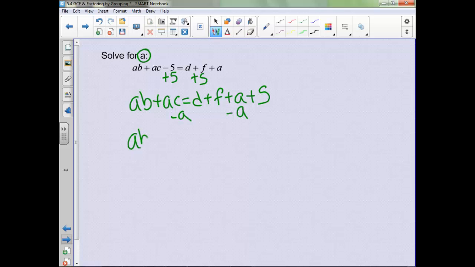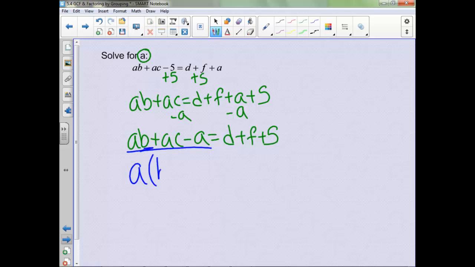So we've got ab plus ac minus a equals d plus f plus 5. Now notice all of these have an a, so let's factor that a out. So this term is left with the b plus c, and if we factor out an a, we're left with negative 1, because negative a divided by a is negative 1. This side doesn't change.